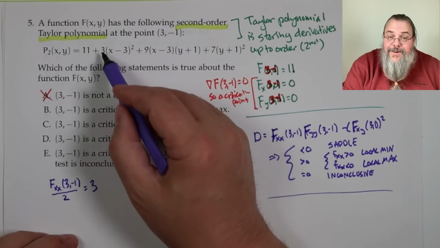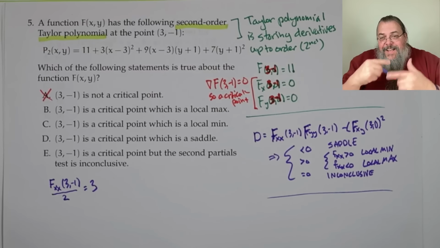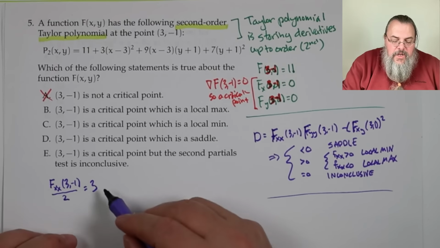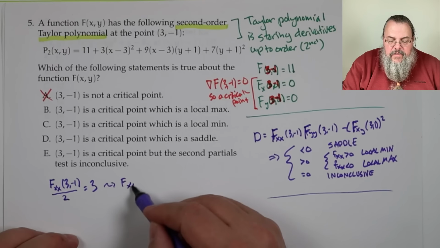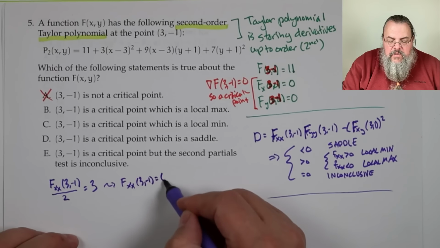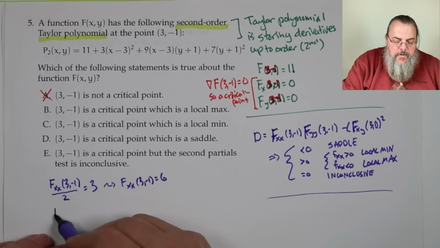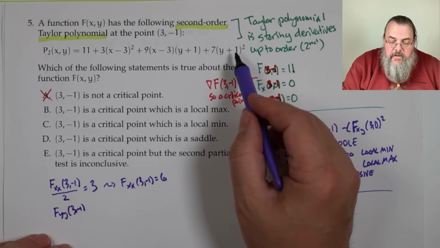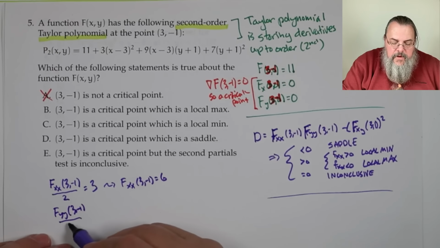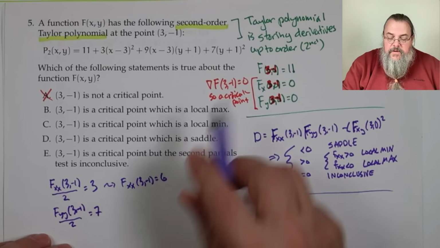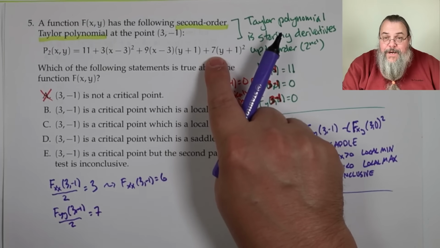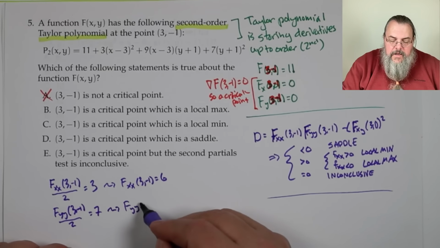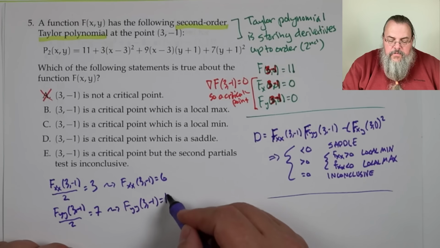That's what shows up here. So there's this careful divide by 2 thing going on. So really, fxx at 3, negative 1 is 6. In a similar way, fyy at 3, negative 1, because it's fyy, you need to divide by 2, and that's 7. So this coefficient is fyy divided by 2. Or, say, okay, that says fyy at 3, negative 1 is 14.